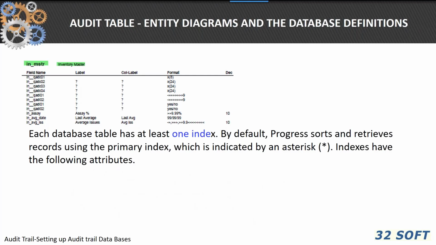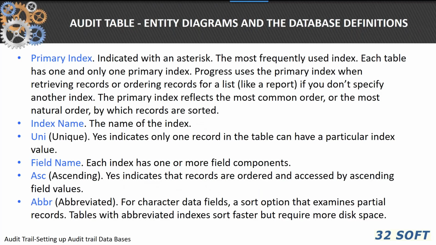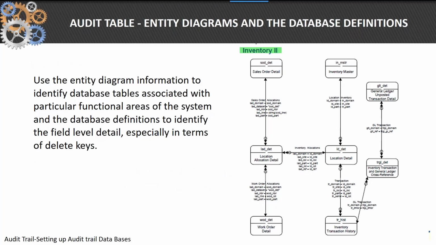I'm not going to get into a discussion of indexes, but the system will define what indexes are pertinent to a field: primary, the index name, whether it's unique, field name, ascending, abbreviated descriptions, etc. And then that feeds you into the entity diagram, and the entity diagram basically shows you all of the tables and the relationships to other tables along with those index fields.